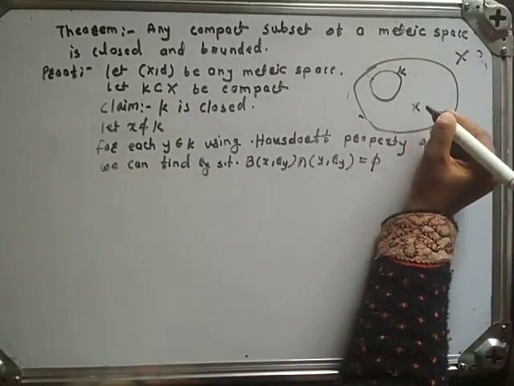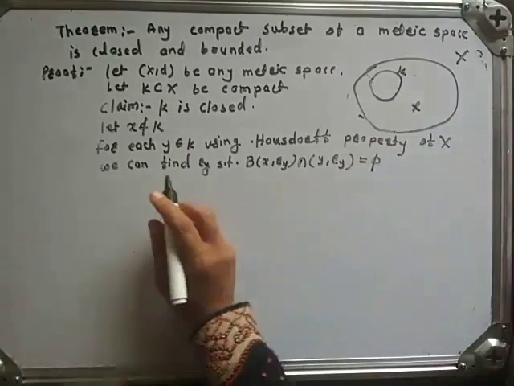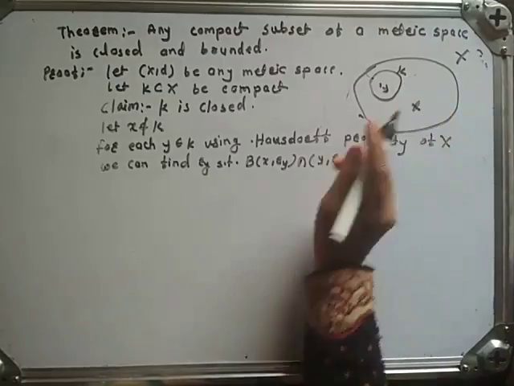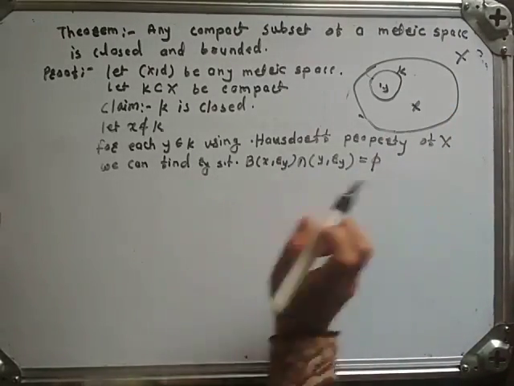Suppose here is x, not belonging to K. For each y belongs to capital K, using the Hausdorff property.